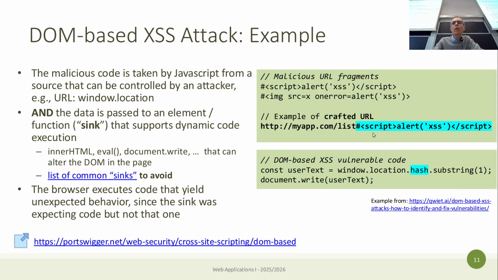Like this hash part that is a sublink inside the same page. Okay, the hash sign here is used to separate the main part of the URL from the part that points to a specific subsection inside the page.